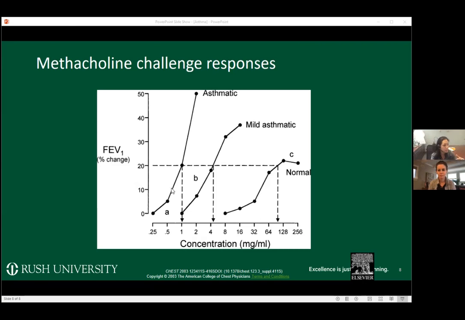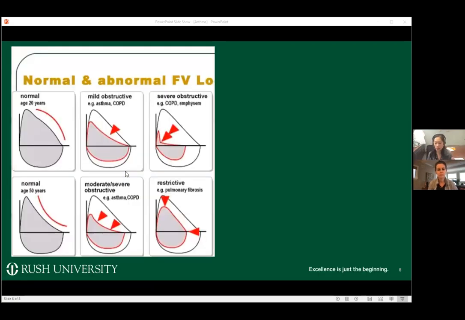The 12% is, okay, so here we are, we've given this patient this much methacholine, and now they've developed obstruction. And for them or for anybody else, I'll go back to this slide. After we've caused obstruction, we give a bronchodilator and the FEV1 improves. Now, in our patient to whom we just gave methacholine, we expect that it'll improve from whatever it dropped to back to its full baseline.